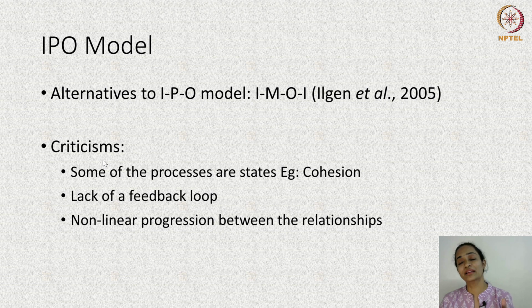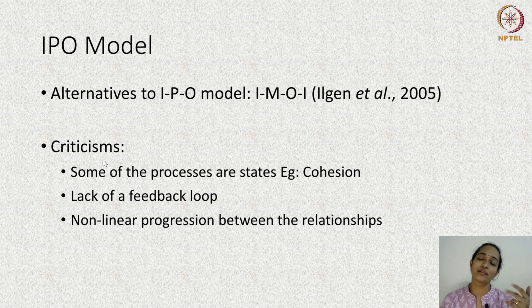One of the final criticisms against the IPO model is the fact that there is a non-linear progression between the relationships. The IPO model suggests that there is a linear relationship between input, process and output. But research has shown that processes can in fact affect each other, outputs can affect each other and so on.